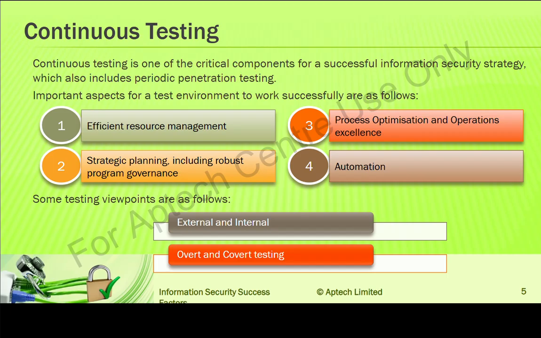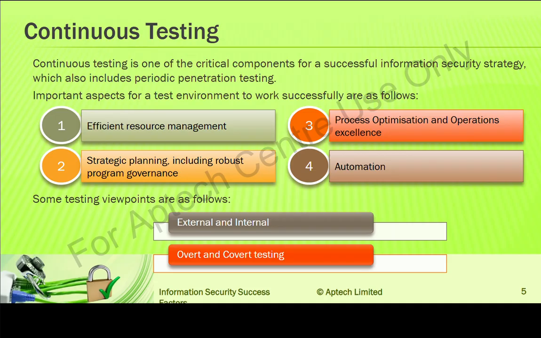The important aspects for a test environment to work successfully are as follows. Number one, efficient resource management. You need to manage your resources very well. And number two, strategic planning, including robust program governance.